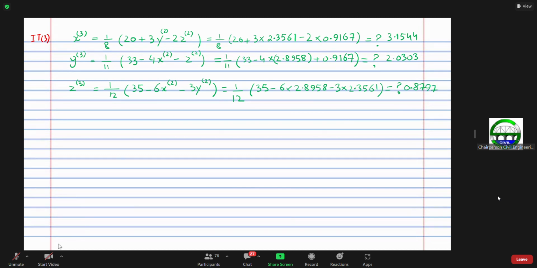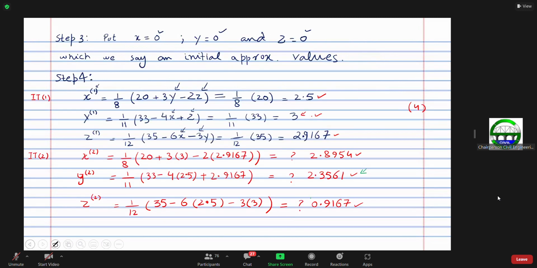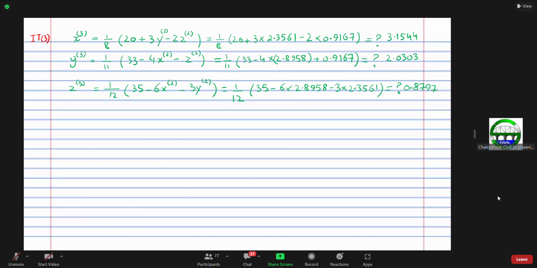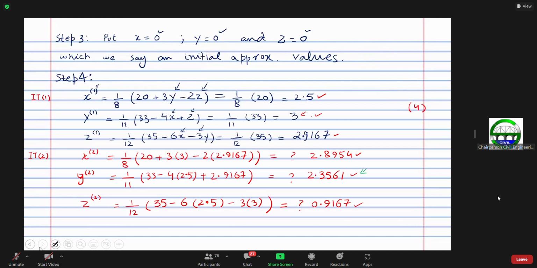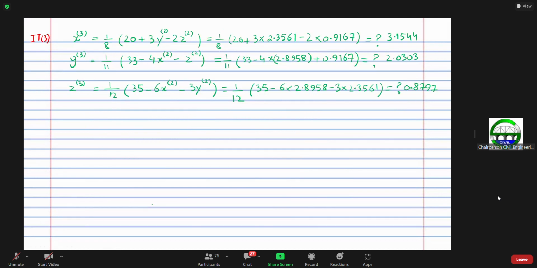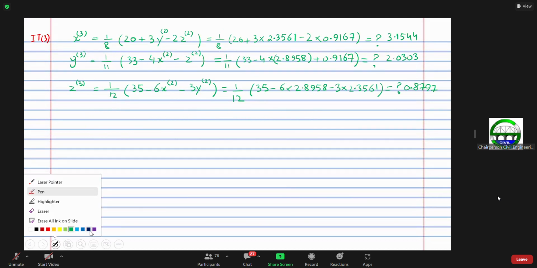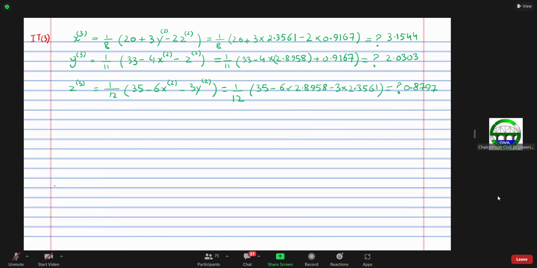So this iteration 3 is already done. Now let's compare. In here it was 2.95 and in here it is 3, right? So still these are not similar. So we have to go through another iteration. So let's go to iteration number 4.